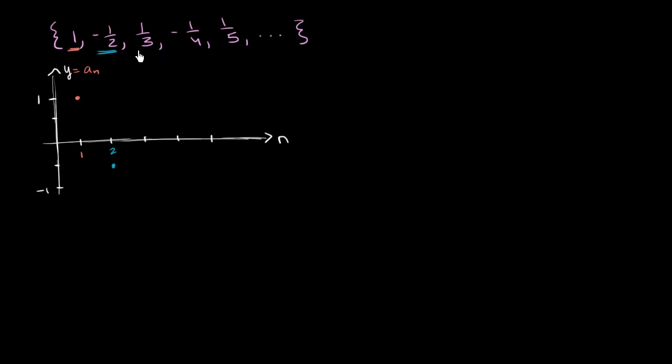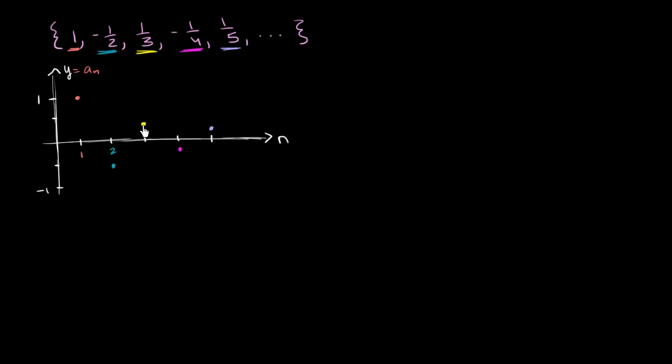When n is equal to 3, a sub n is equal to 1/3, which is right about there. When n is equal to 4, a sub n is equal to negative 1/4, which is right about there. And then when n is equal to 5, a sub n is equal to positive 1/5, which is maybe right over there, and we keep going on and on and on.